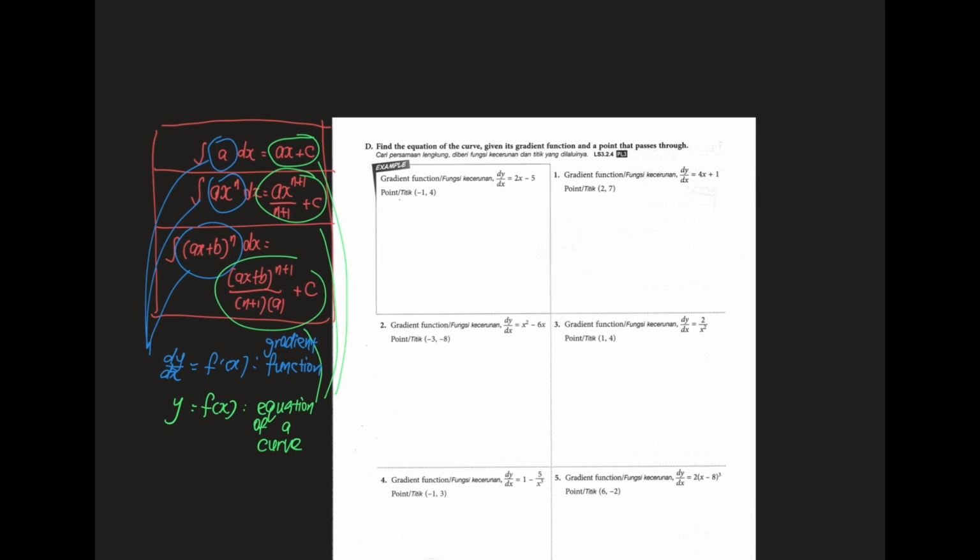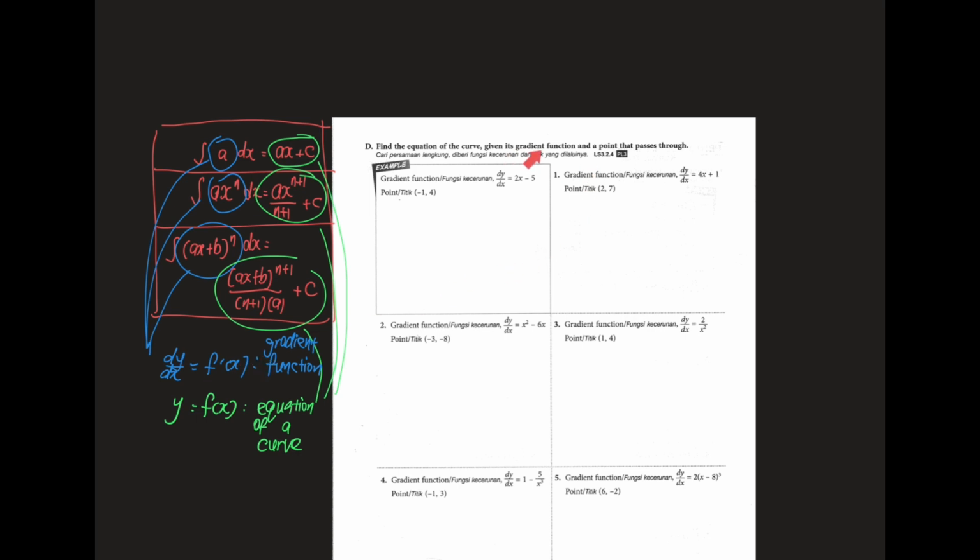Okay, part D. As you can see, our topic here is, find the equation of the curve given its gradient function. That means they give you the dy dx. You see, gradient function is dy dx.